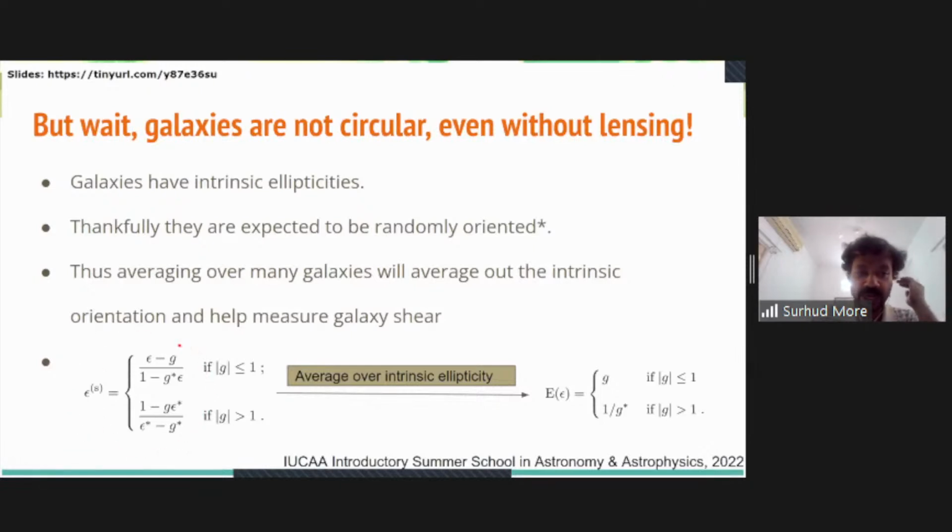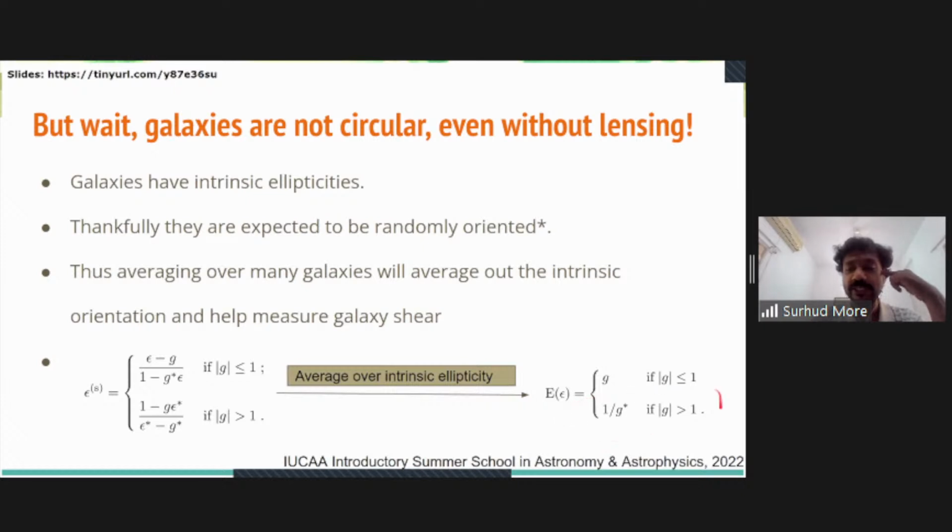And now, if you average over intrinsic ellipticity, we know that when you take that average, you should get 0. And so you can now average the intrinsic ellipticities here, and you can show that the average of these observed ellipticities is equal to either g or 1 over g star, depending upon whether the modulus of the shear is less than or equal to 1 or greater than 1.